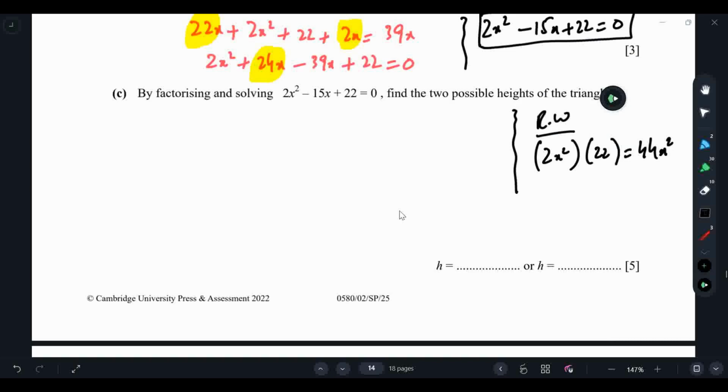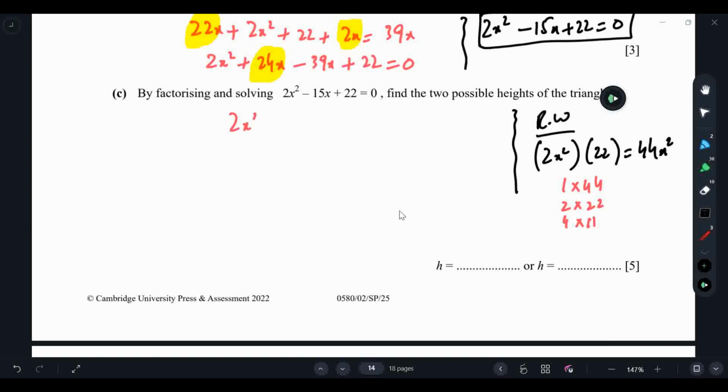Now if we multiply 1 by 44, the difference is not 15. 2 multiplied by 22, the difference is not 15, we have to use the midterm breaking. Then 4 multiplied by 11. Now the difference is 15.